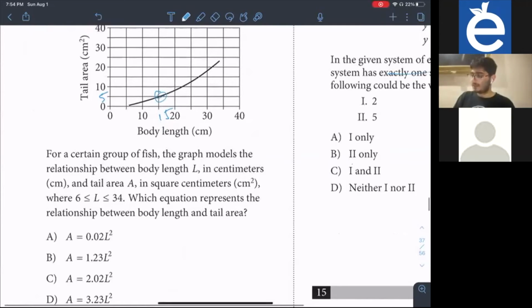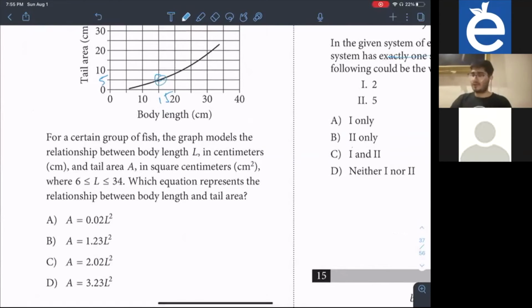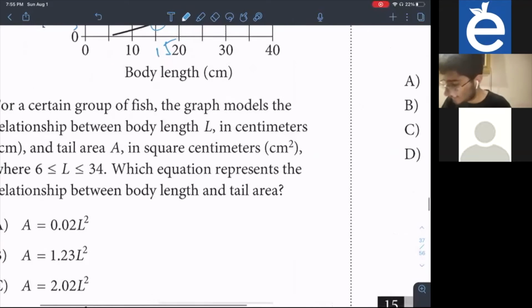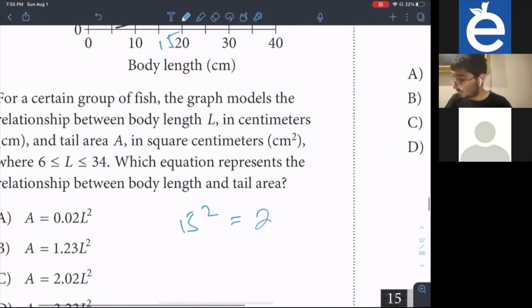So if we square something large and then multiply by a whole number, if we multiply by either 1, 2, or 3, we would realize it would be a greater number that would not equal 5. So let's say it was 15 squared. 15 squared is 225.